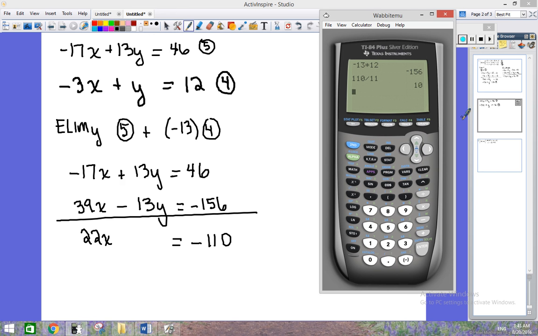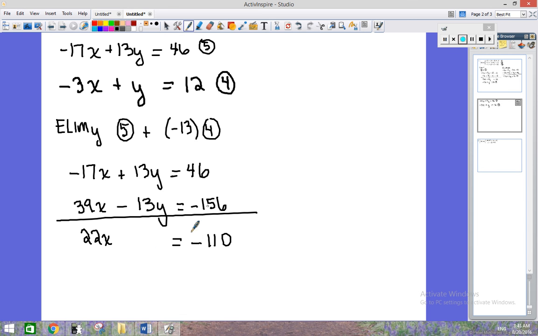Oh, of course it is. 11 times 10. All right, so if I divide both sides by 11, divide both sides by a positive 2, and that should work for that.